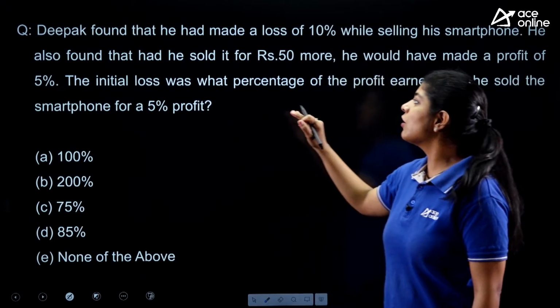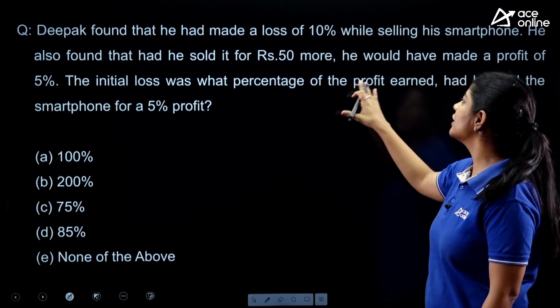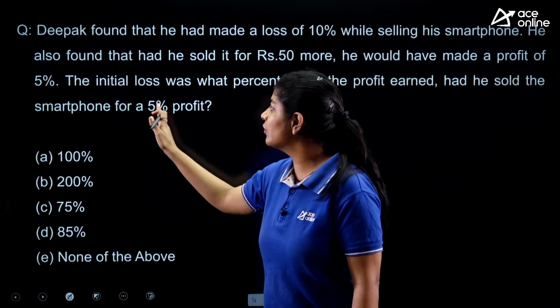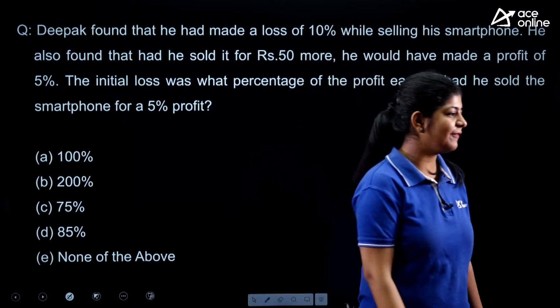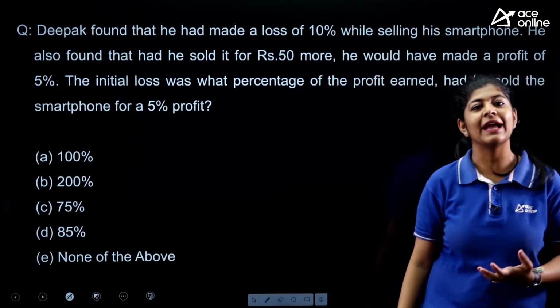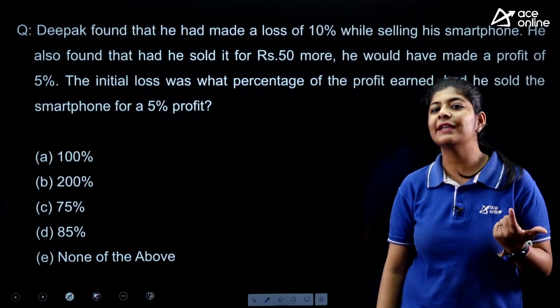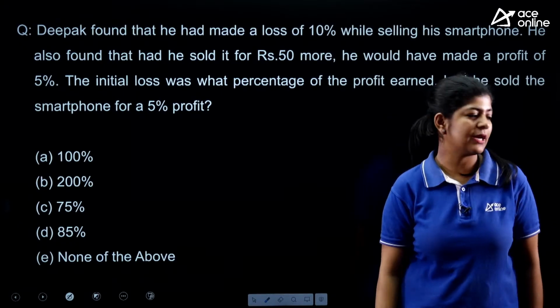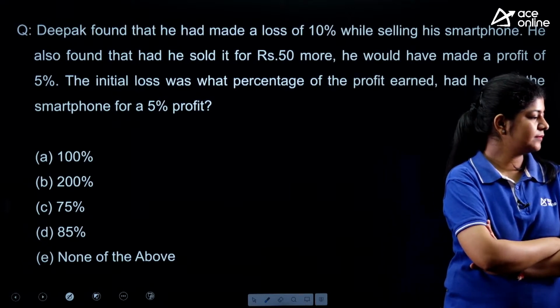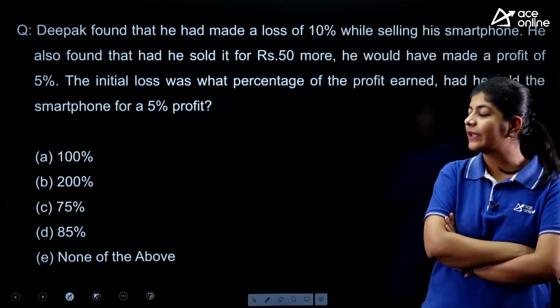The initial loss was what percentage of the profit earned had he sold the smartphone for 5% profit? This is a very easy one. All you need to do is simply understand the language of the question. If you get the language, then you can easily crack this. It's a very simple question.